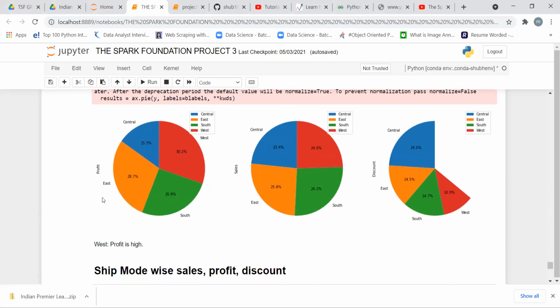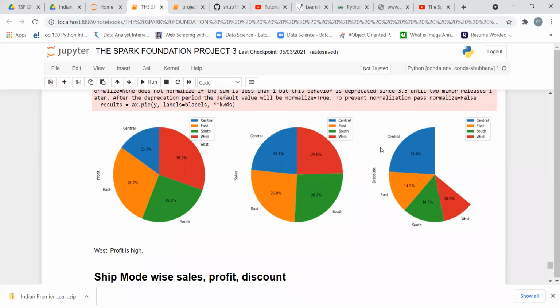The highest profit is generated in the west, and sales are also highest in the west, and the highest discount is given to the central. And here central gives less profit.